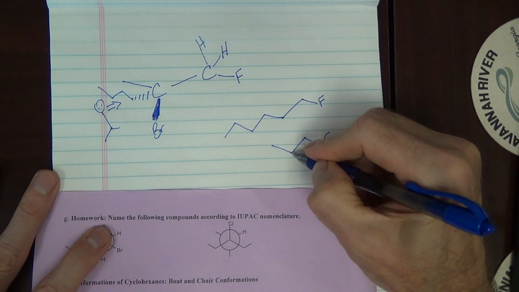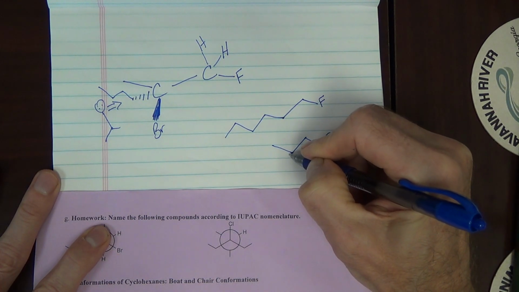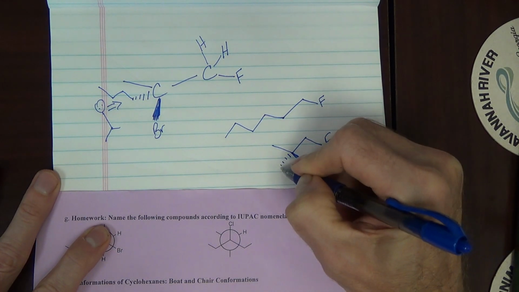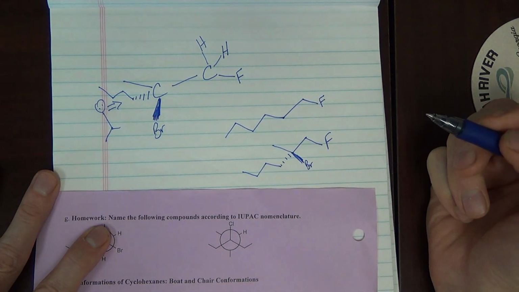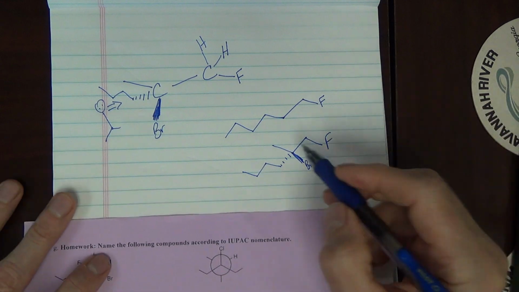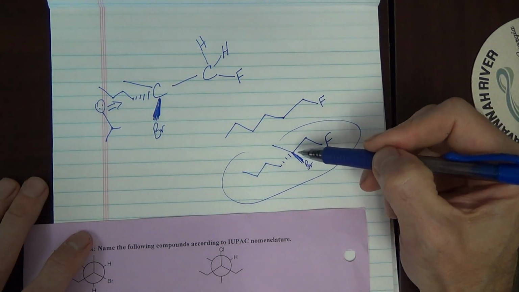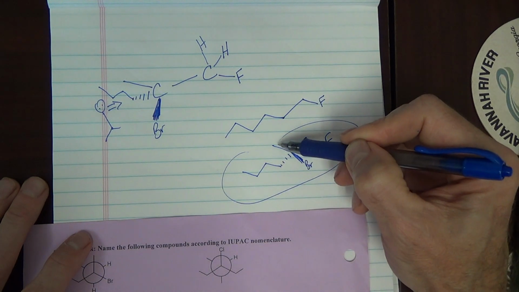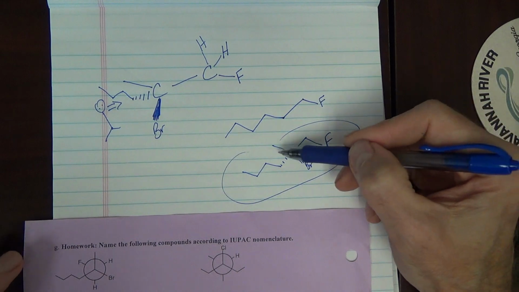The bromine is going to be forward, and the butyl group, 1, 2, 3, 4, like that. There it is, cleaned up a little bit. I still don't like it because I would have preferred to put the larger group in the plane and put the methyl forward or back. But it doesn't matter, and that's not how it was drawn.